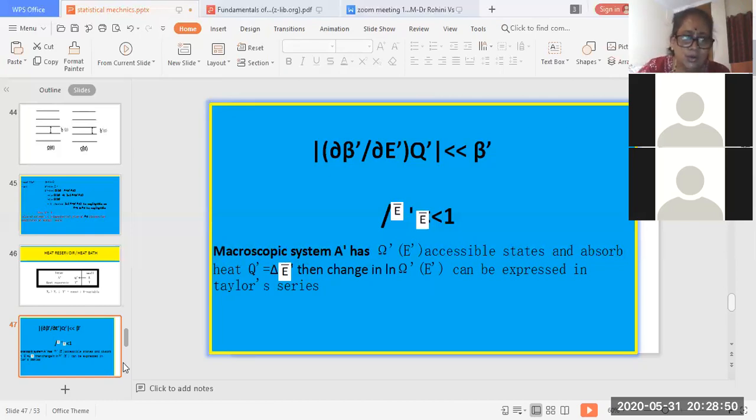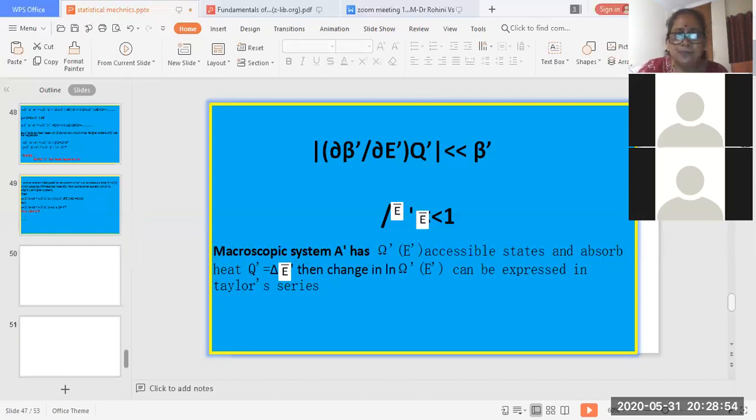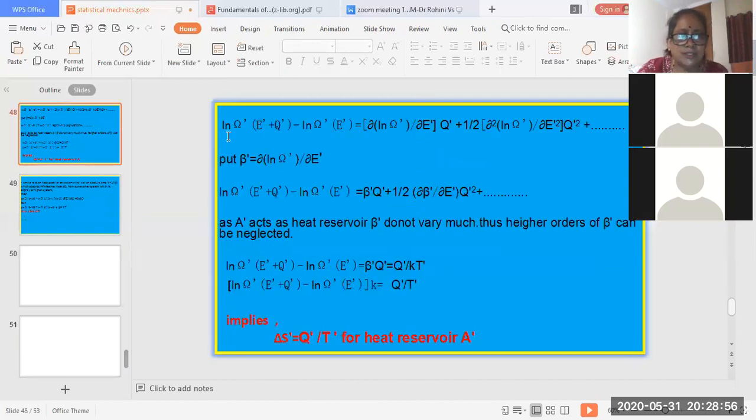I'll show you in the next slide, it will be more clear. You can see here, this is the accessible states for the A dash system, but it has already absorbed Q dash amount of heat from A. So this is the state of system A dash after absorption of heat. You take the difference with respect to its original state.